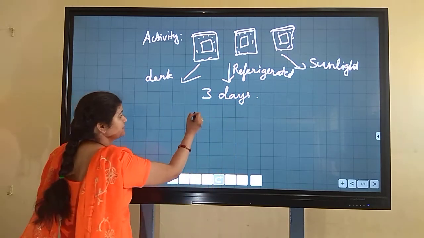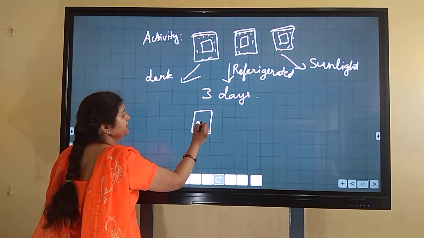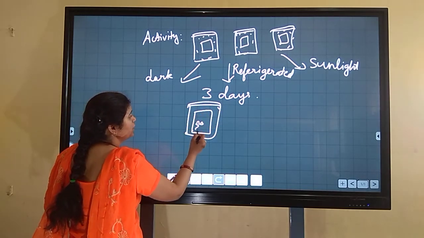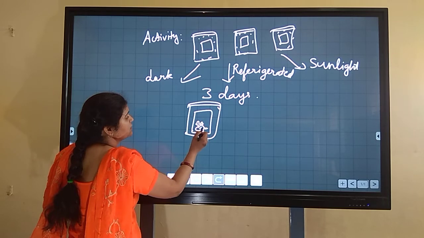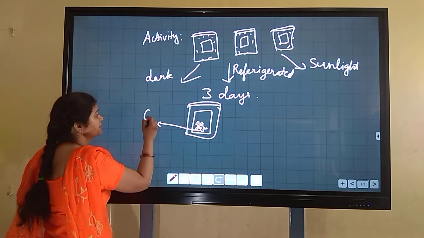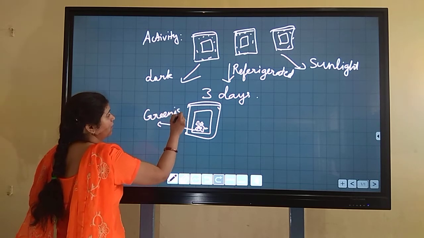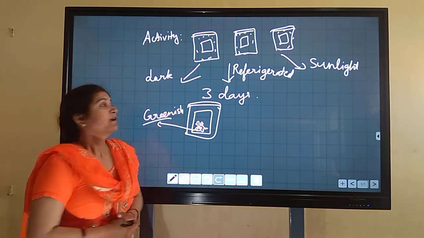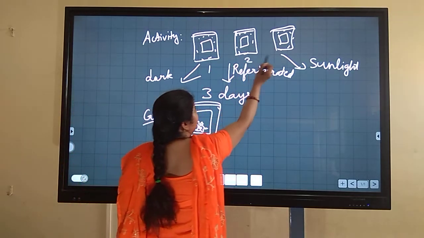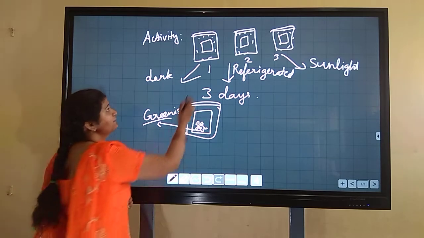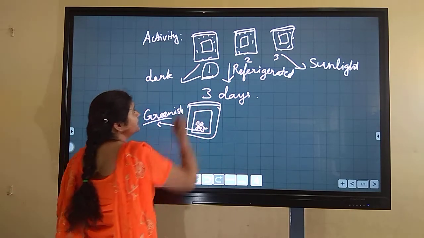So in one of these bags, a green structure will start to be observed. We will be seeing a cottony mass, a cotton-like thick structure which is greenish in color, on one bag. Can you tell me which bag it will be? Whether it will be the first or second or third one? Yes, you are right. It will be the first, which was kept in the dark.